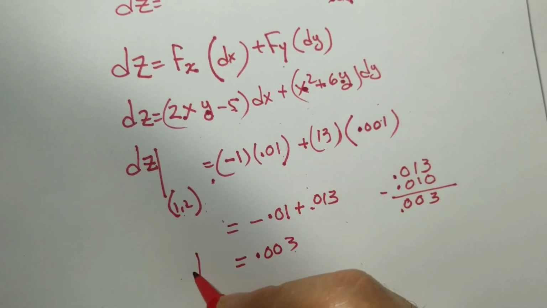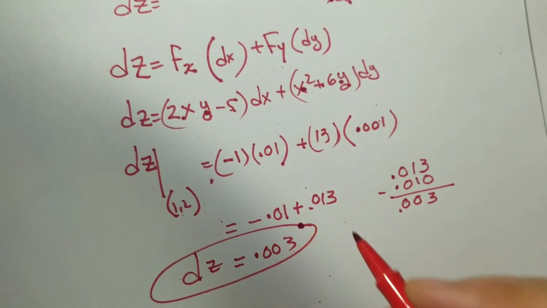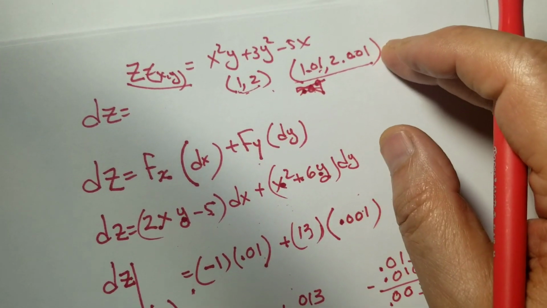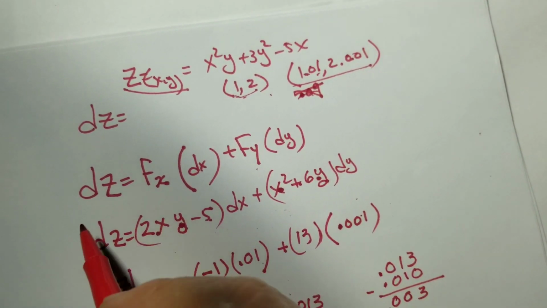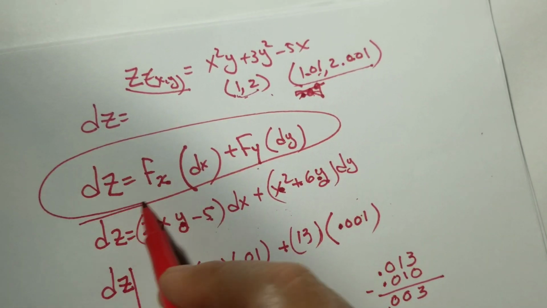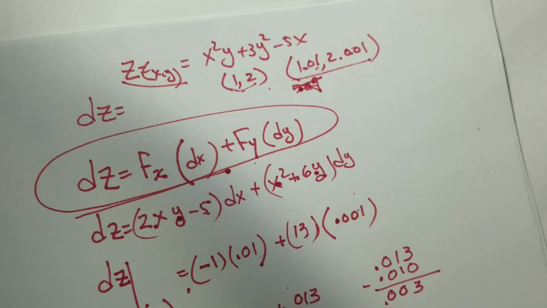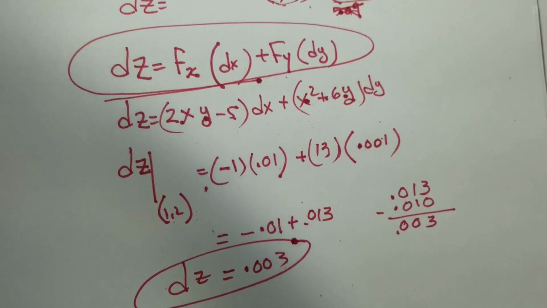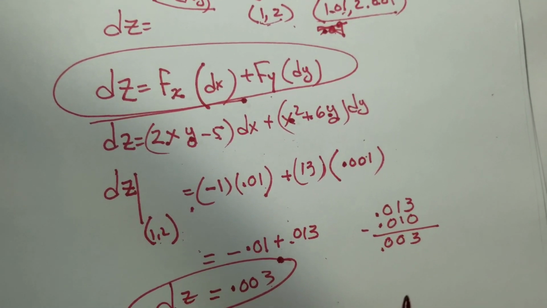And they call this one the total change, the change caused by the change in x and the change in y. Therefore, please remember, from today in multivariable we have the total differential, and in single variable we have the differential. And in the next video I'm going to give you an application of it very quickly.